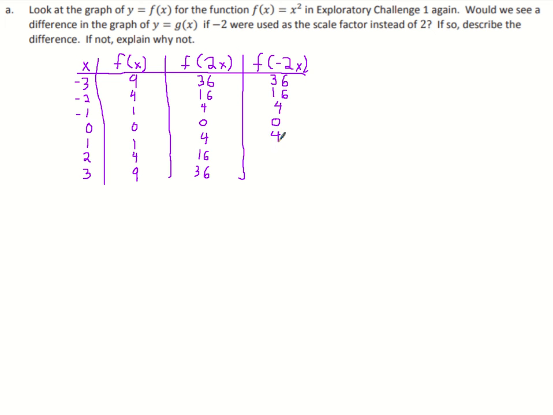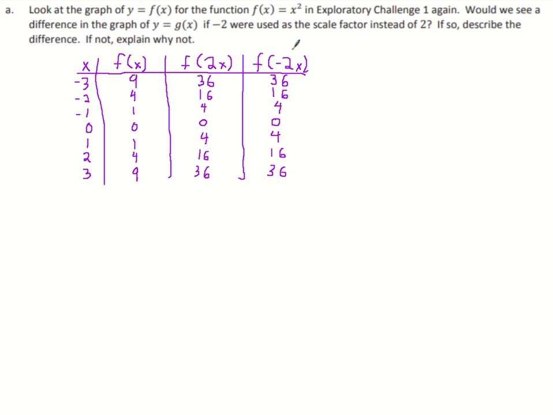And you'll notice, hey, everything that we have here is actually the exact same as f of 2x. Now we need to think to ourselves, well, why? Why is that the thing?